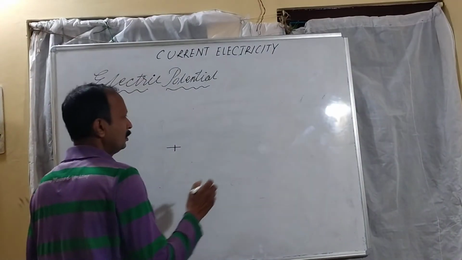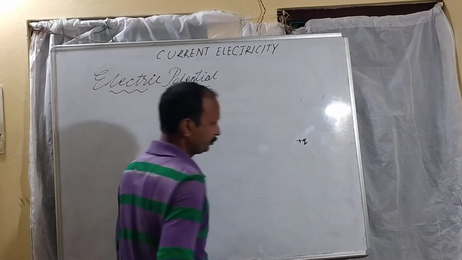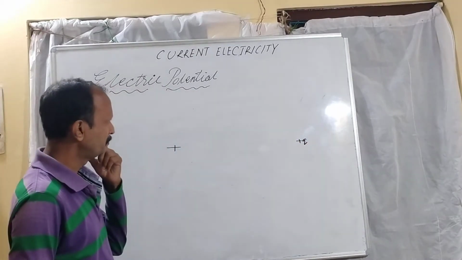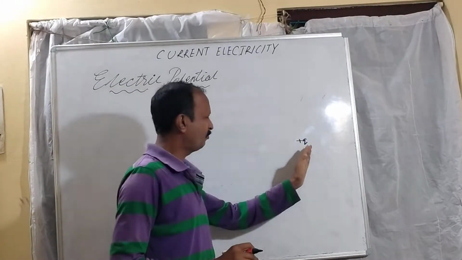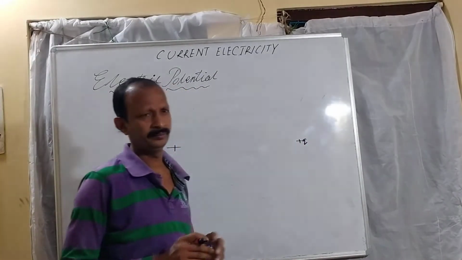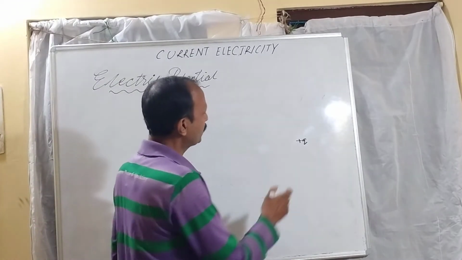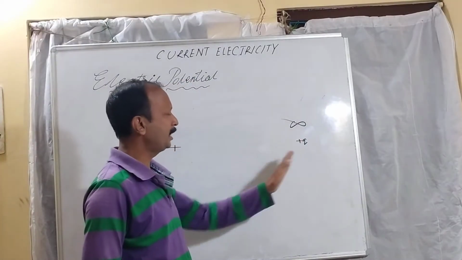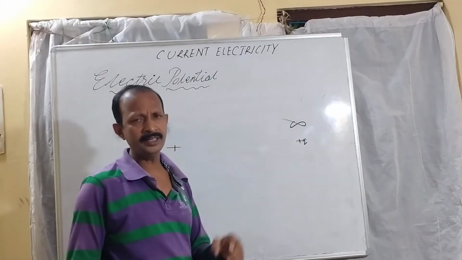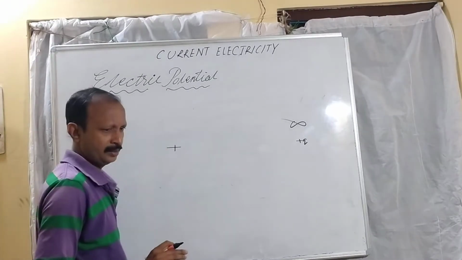Now here is one more positive charge. You think that this distance is very far away. We can consider it at infinity. This charge particle at infinity. Why did I say infinity? The thing is that this is a charge particle.